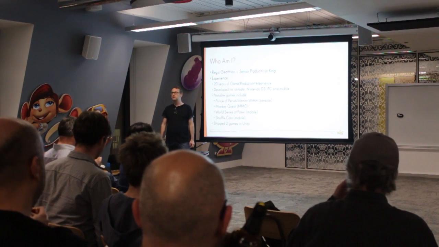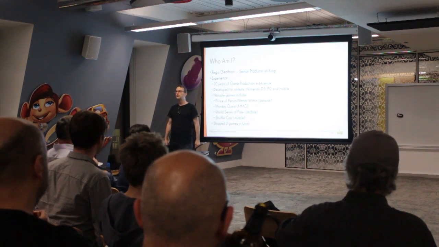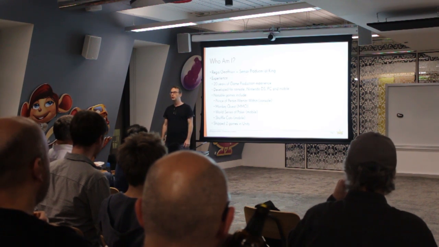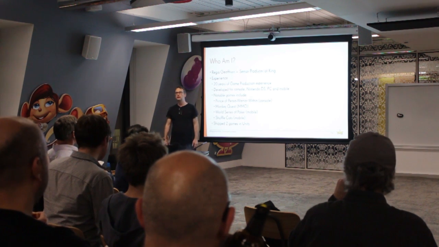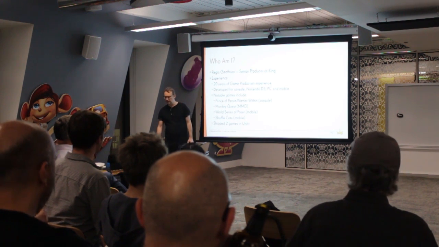I have shipped 2 games in Unity, including Monkey Quest, which was an MMO using Unity. My background is as a lead programmer, so I'm quite technical as well. So if you have some questions afterwards, I'm happy to go technical as well.